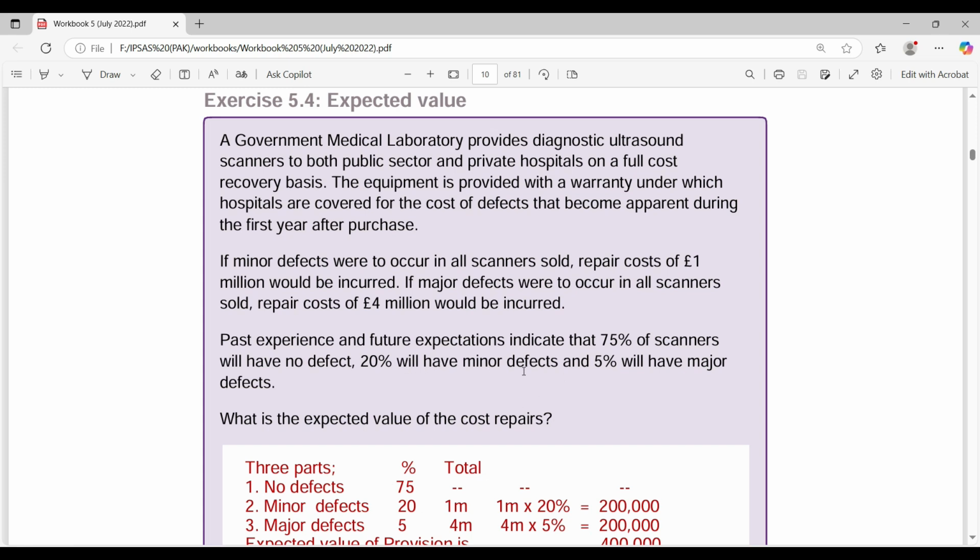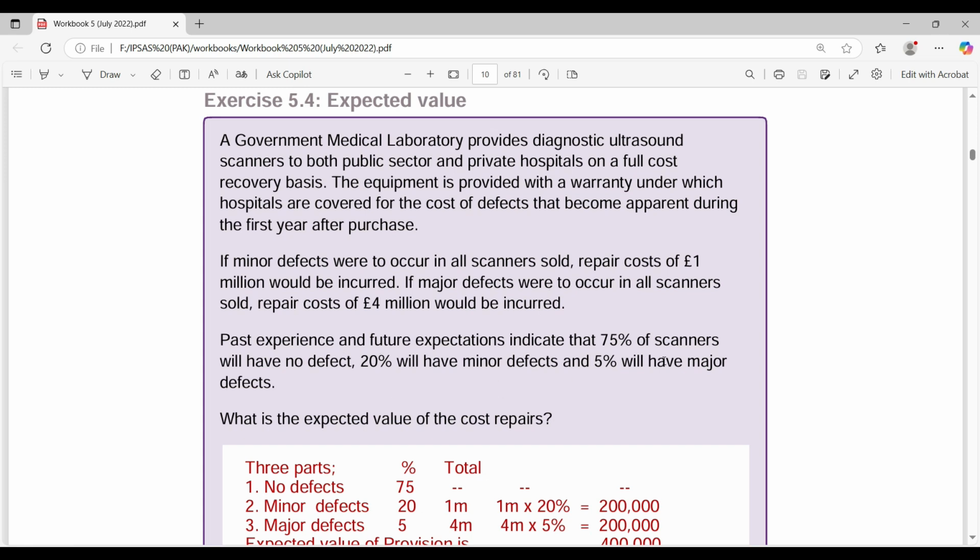20% will have minor defects. It means that you have to fix 20% of 1 million, because in the case of minor defects 1 million would be incurred against all the products, but when only 20% have minor defects, you have to fix 20% of 1 million.